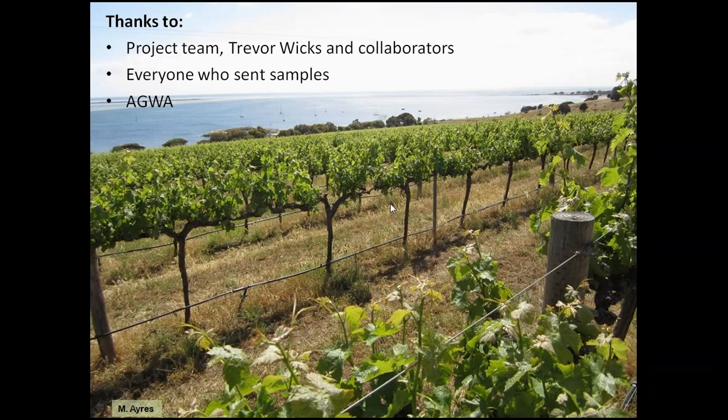I think the take-home message is that, and I'm new to this area, I've been working on resistance for only 2 years, so I'm not Trevor Wicks or Barbara Hall, who've been in this area for a long time, but to me, this fungicide resistance is not going to go away. It's a problem we're going to have to deal with, and I think it's only going to get worse.